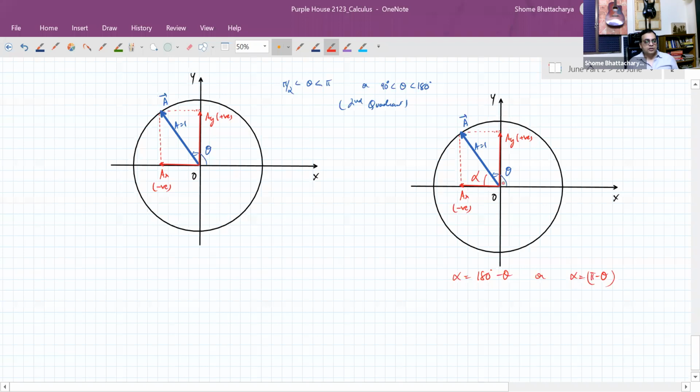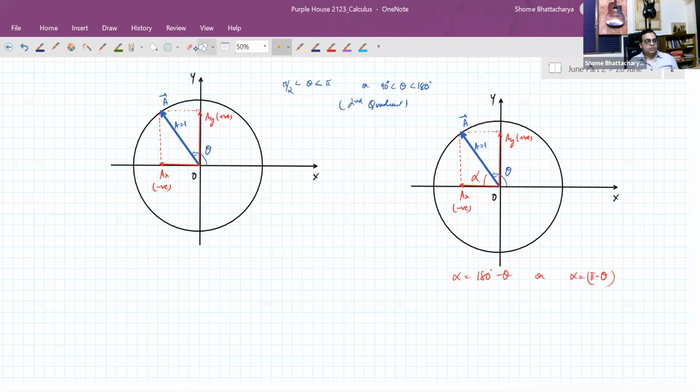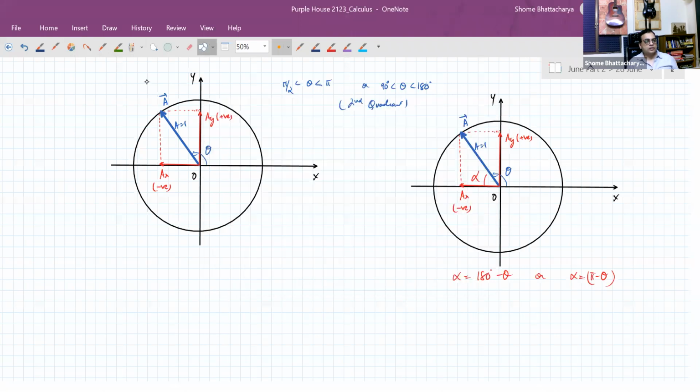Okay. Now if you compare this situation with one where our vector was in the first quadrant only, but with an angle of alpha, then you will see that the two situations that you are seeing here, they are symmetrical.